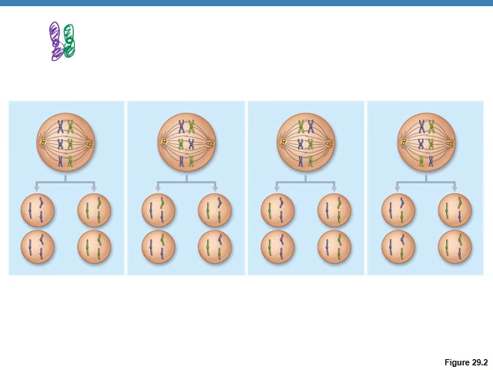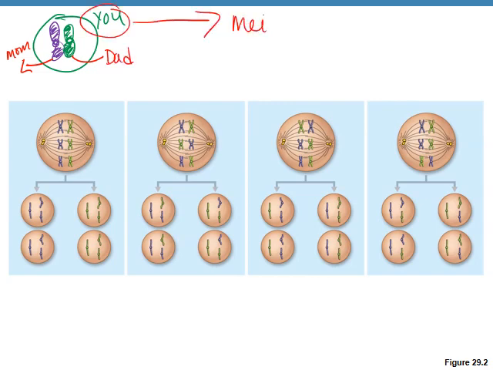So this is you. Why did we color code them? This is the chromosome you got from your mother, and this is the chromosome you got from your dad. Now I'm going to take your cell and it's going to undergo meiosis. What do I do with this cell? I copy the chromosomes, right?